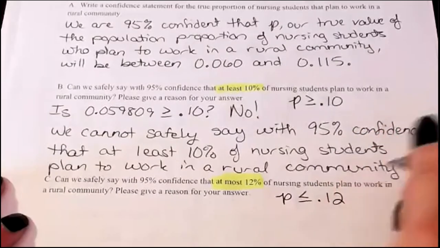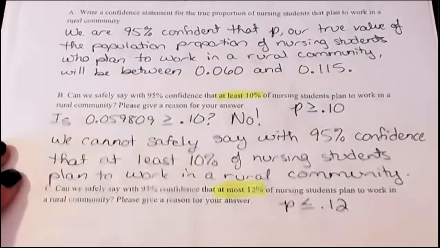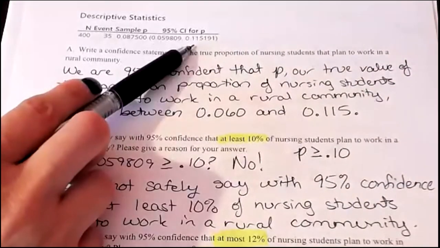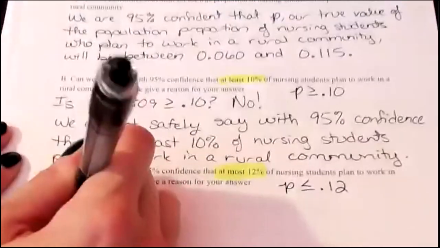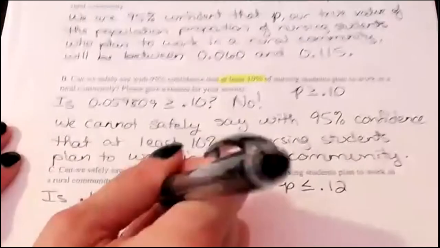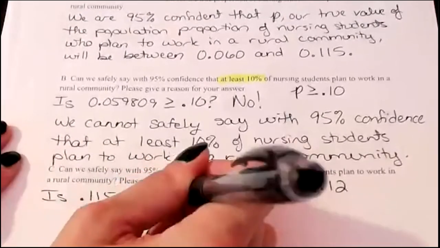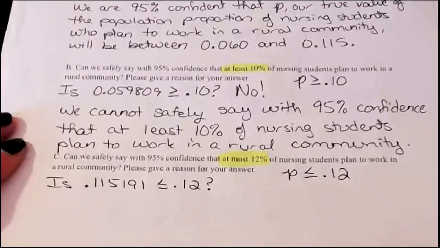So let's take a look at our interval again. We see that our upper bound is 0.115191. So we are going to say, is 0.115191 less than or equal to 0.12? Yes, it is.